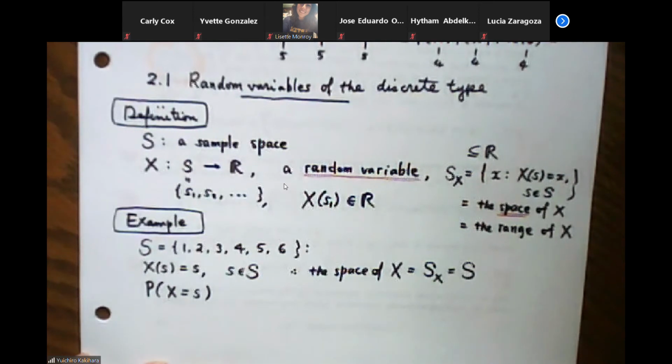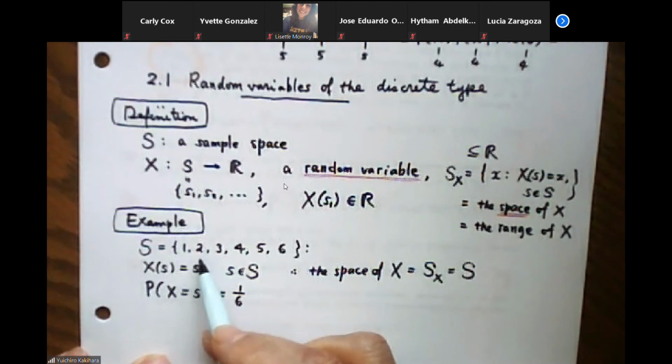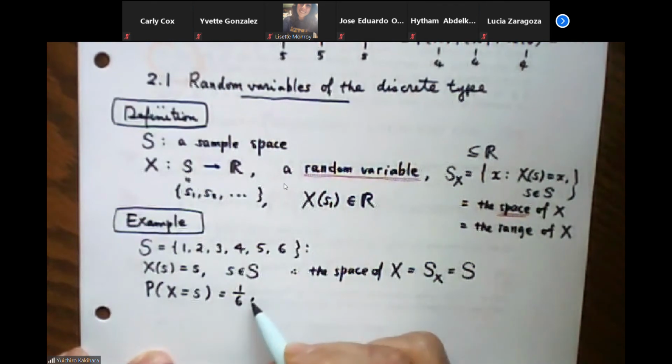Assuming that we're using a fair die, this happens with probability 1/6, right? One appears with probability 1/6, 2 appears with probability 1/6, and so on. Everything appears with probability 1/6, for s in S.